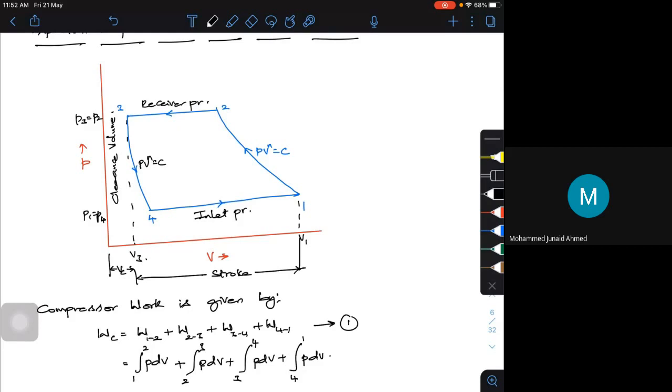Okay, and your V3 by V4, your expansion. Okay, I can write, say for example, what is the process actually?